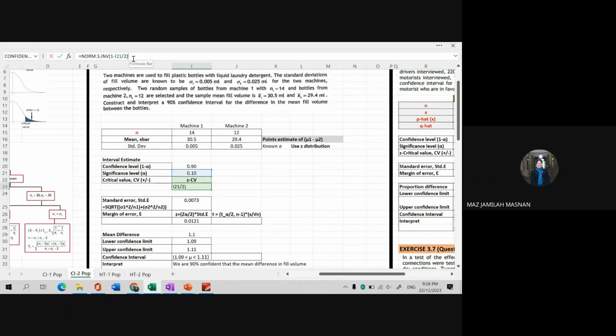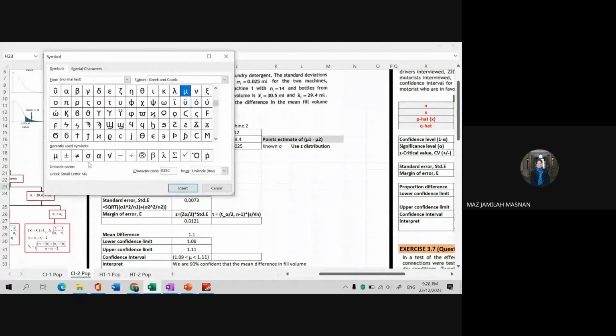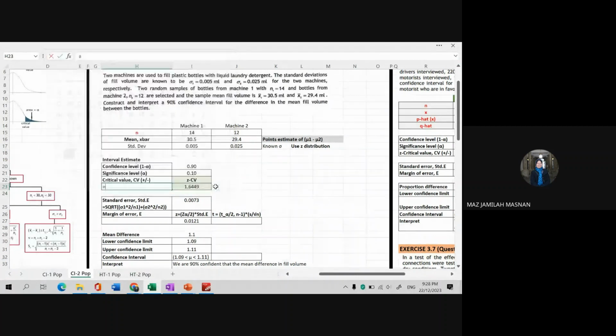So we are using NORM.S.INV of 1 minus the significance level divided by 2, because it is a two-tailed test. Using the Excel function, the critical value is plus minus 1.6449. You can add the plus minus symbol so that you can remember.